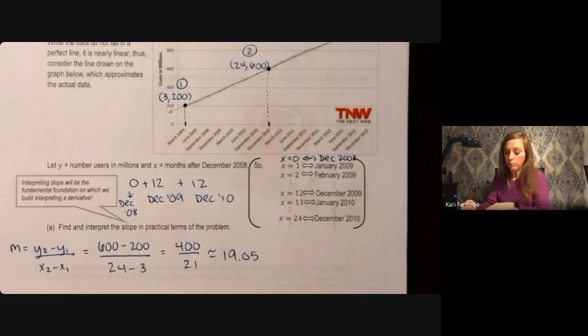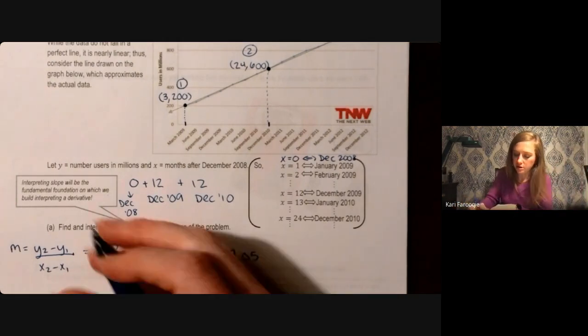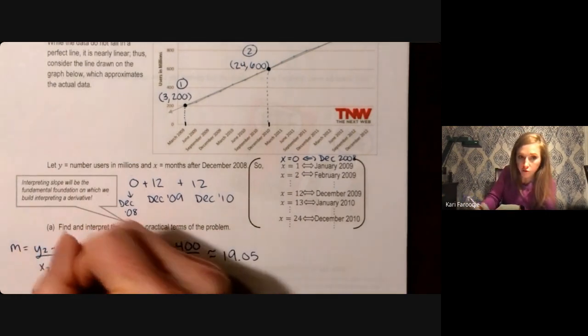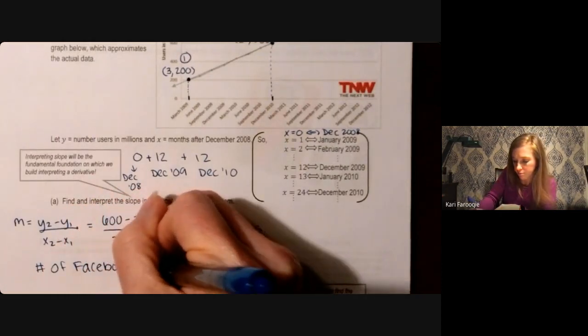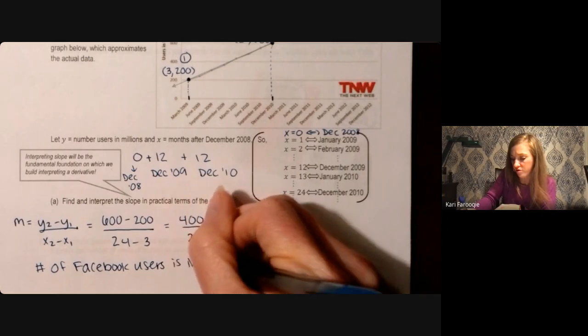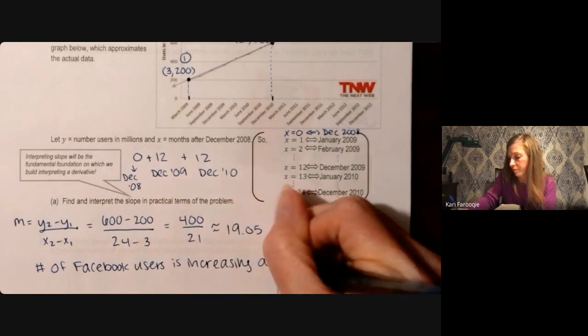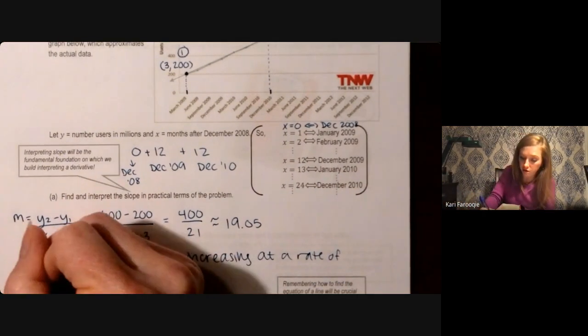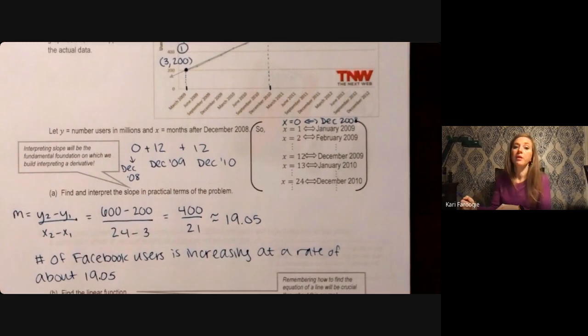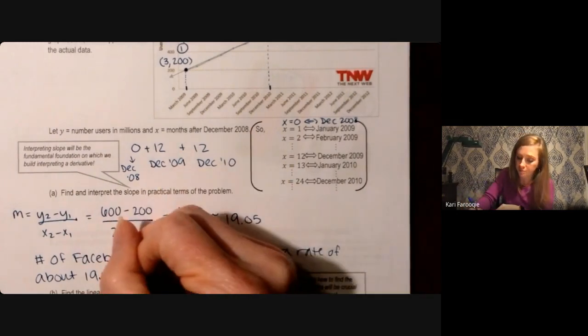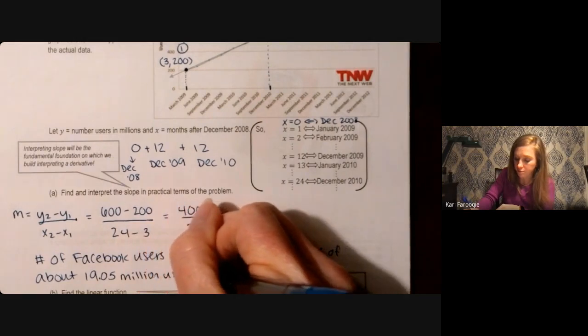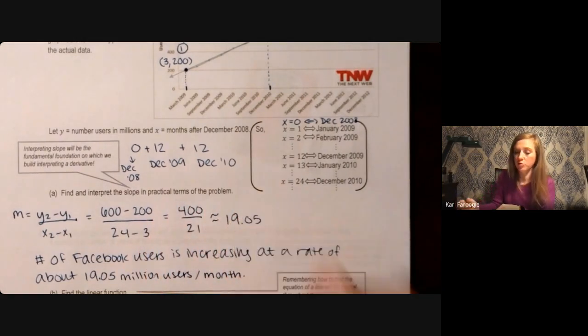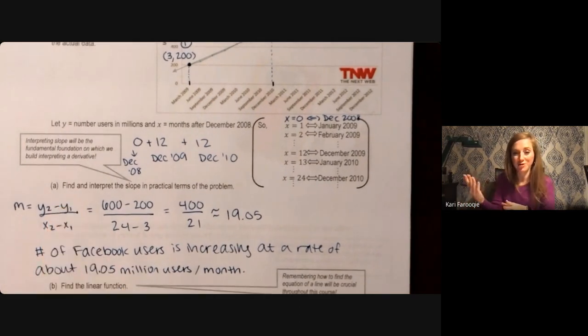So when we're trying to figure out what this slope means in terms of some sort of practical value, we would say that the number of Facebook users is increasing at a rate of 19.05-ish, so of about 19.05 million users per month, because remember, x is measured in months and y is measured in millions of users.